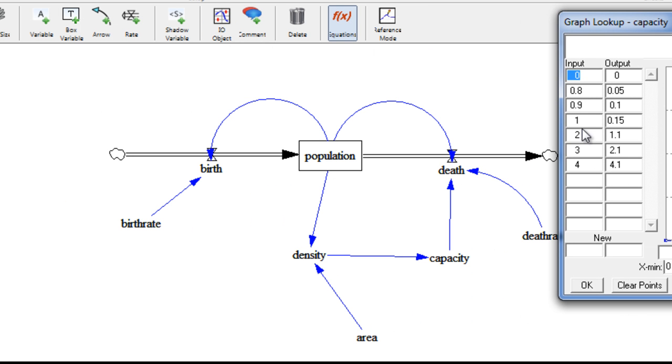If the capacity approaches 1, then 0.15 will die, because 0.15 will be multiplied with the population, the death rate. Hope you can understand this one.